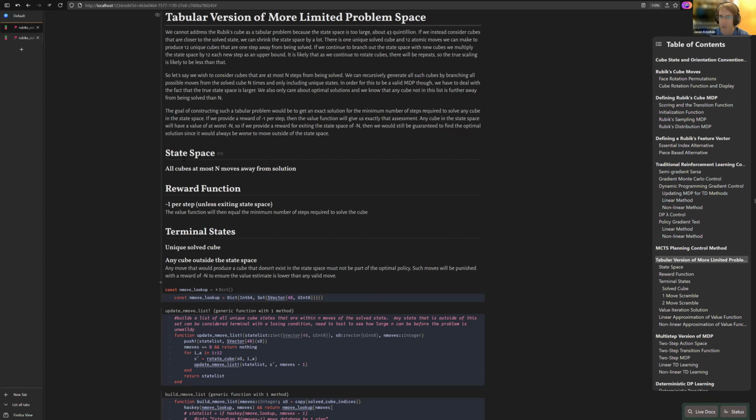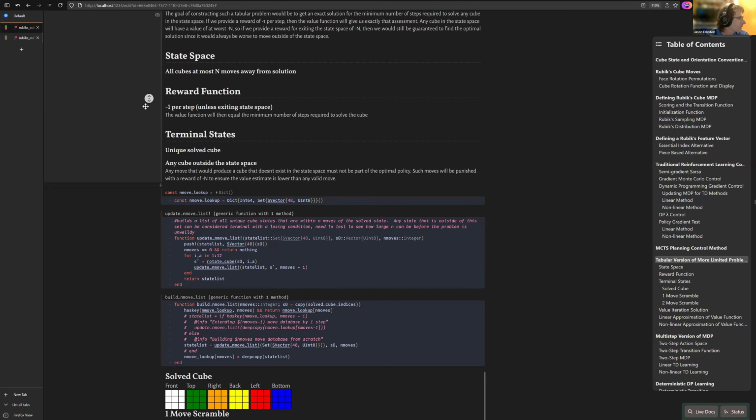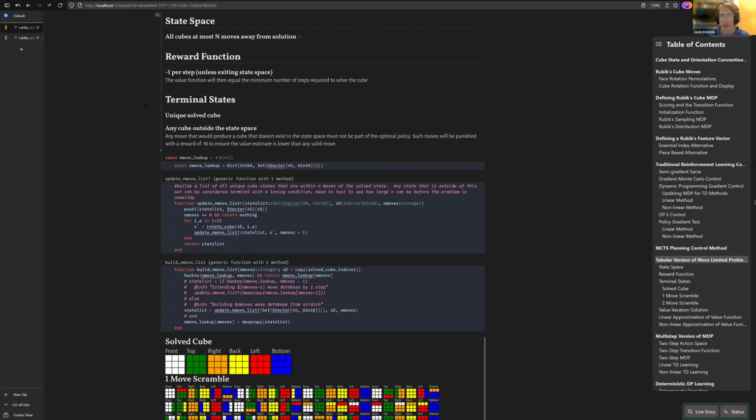So we can try to set this up where we create a state space, which is all cubes that are at most n moves away from a solution. Here we can do -1 per step unless we exit the state space, in which case we'll handle that by giving a worse negative reward.